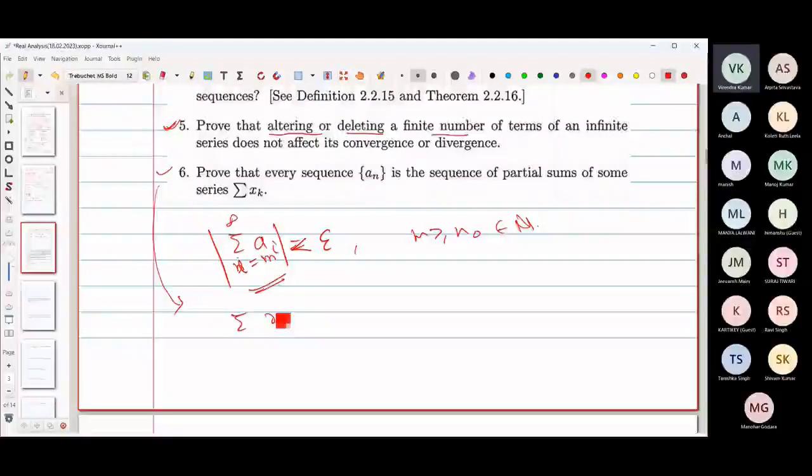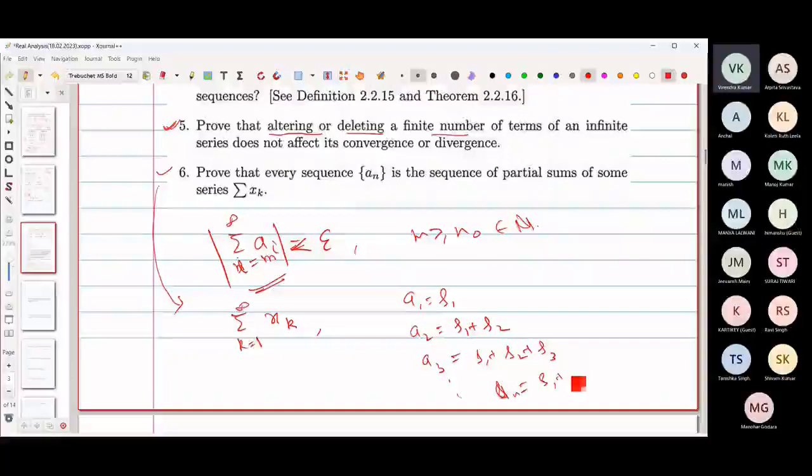So if we have x_k, with k from 1 to infinity or 0 to infinity, then we define a1 as x1, a2 as x1 plus x2, a3 as x1 plus x2 plus x3, and so on. And a_n in general we can write as x1 plus x2 plus dot dot dot plus x_n.